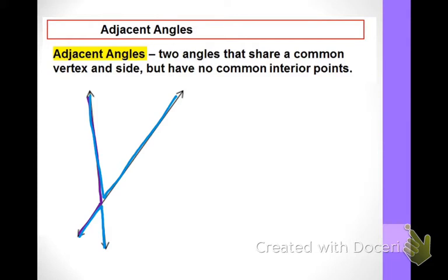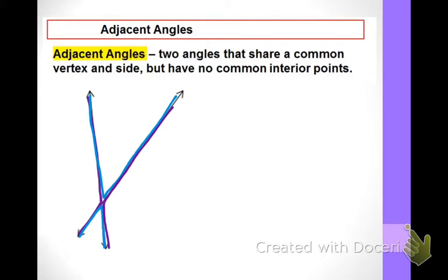Questions, comments, concerns? Perfect. If you wanted to complete it, you could do this the same color. These two, the purple would be adjacent to the blue angles. The blue angles are adjacent to the purple angles, if you wanted to finish out the picture. But adjacent just means they share a wall.